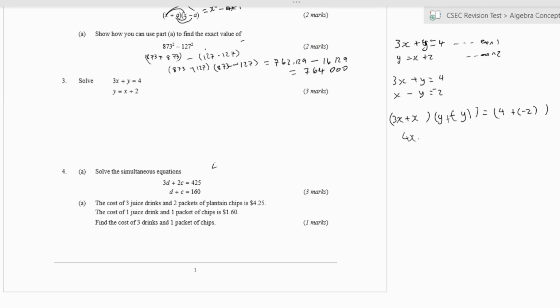So we will have 4x equal to 2. Divide both sides by 4, and our x is equal to a half.